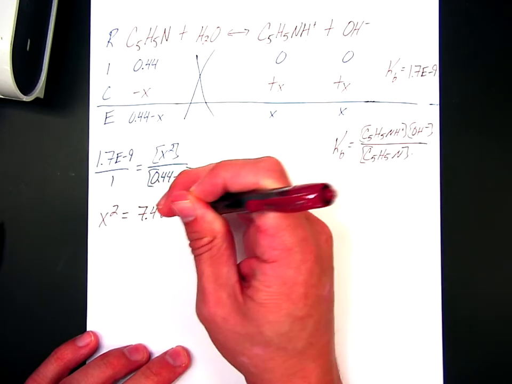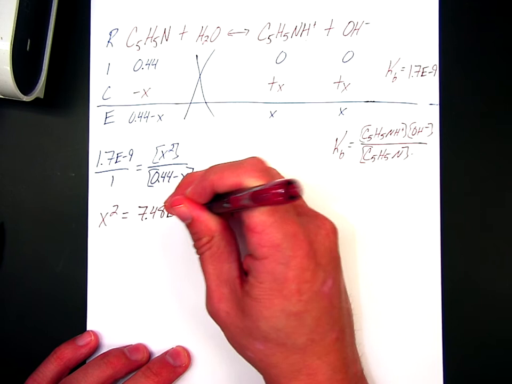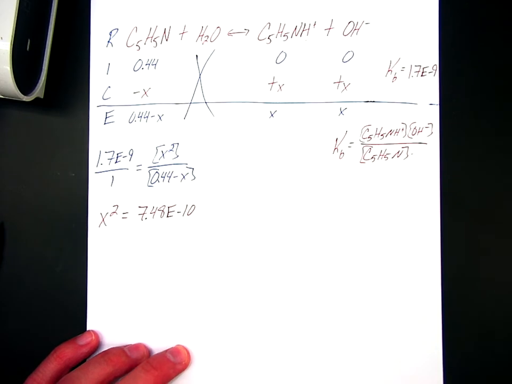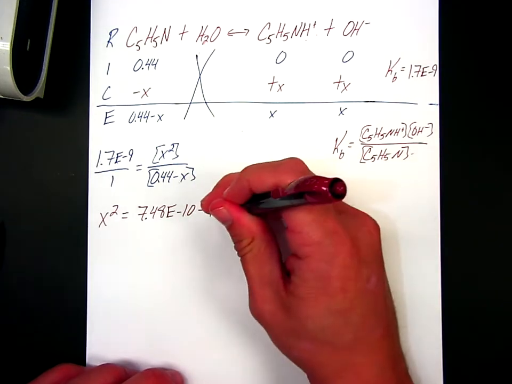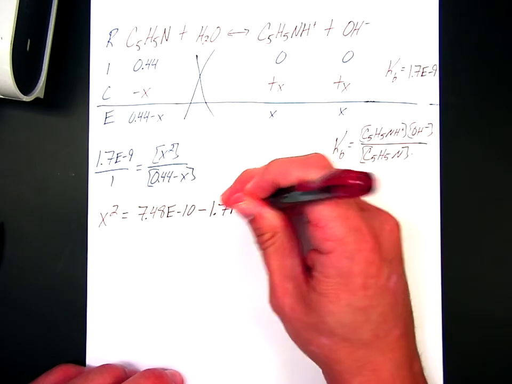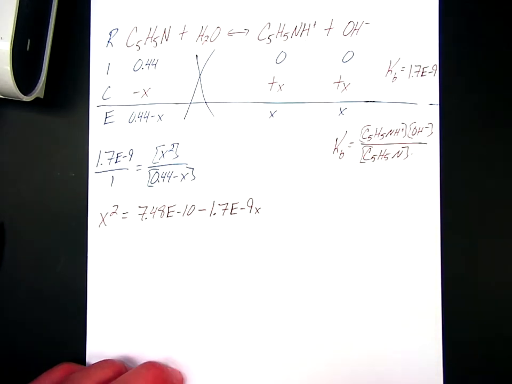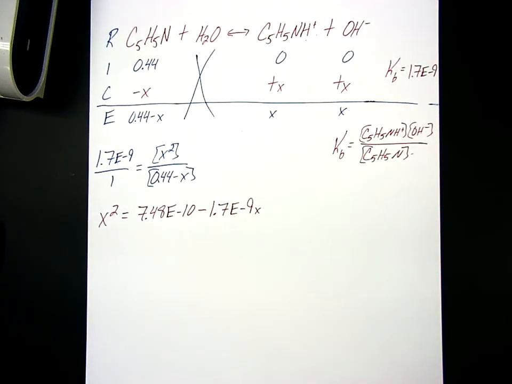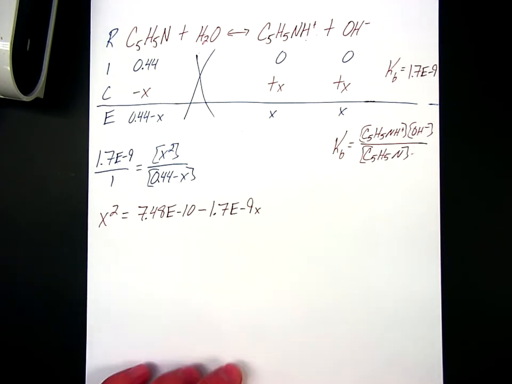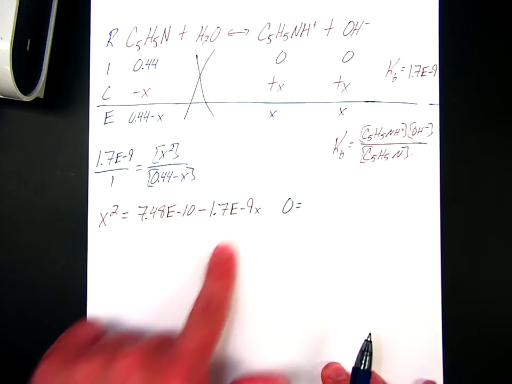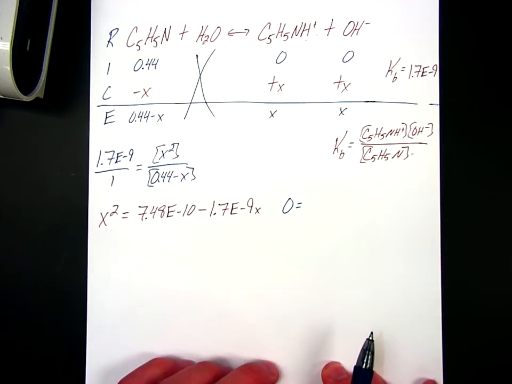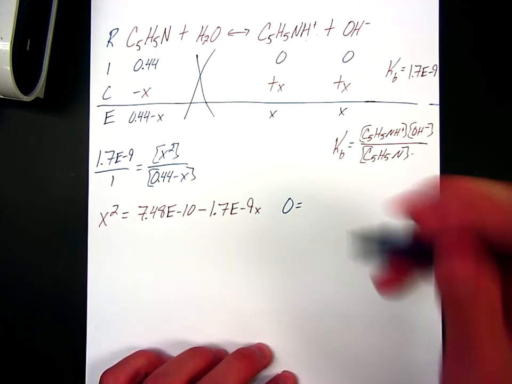So the 1.7 E negative 9 times 0.44 is going to give me 7.48 E negative 10. And then this value times x will be that value again, so minus 1.7 E negative 9x. So it's quadratic, and we need to set our quadratic up as a 0 equals. So what I'm going to do is move these items over to my positive x squared, which will simply switch the sign of them.